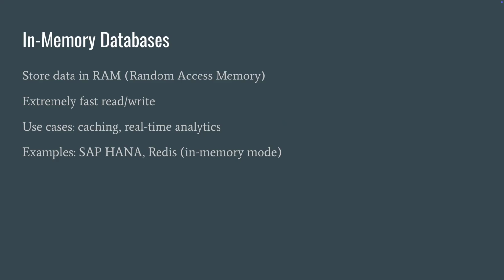Just to give you an example, say you have a web application, and if your web application runs queries against a slow data source, you would benefit from storing the data that you retrieve from these queries in an in-memory system like Redis to make subsequent requests really, really fast.